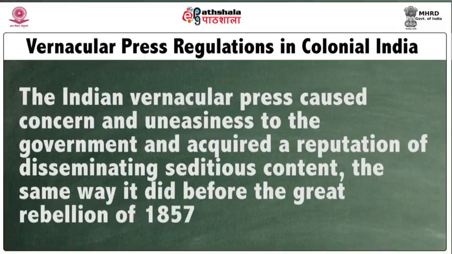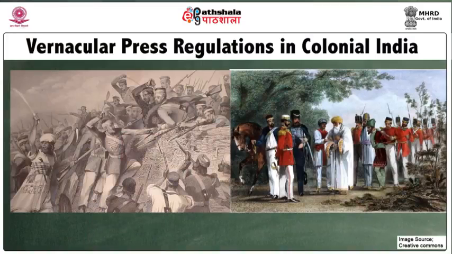The Indian vernacular press caused concern and uneasiness to the government and acquired a reputation of disseminating seditious content, the same way it did before the Great Rebellion of 1857. Increasing political consciousness of the people increased the apprehensions once again in the minds of the British towards the vernacular press.